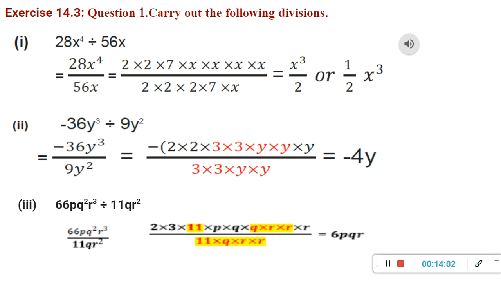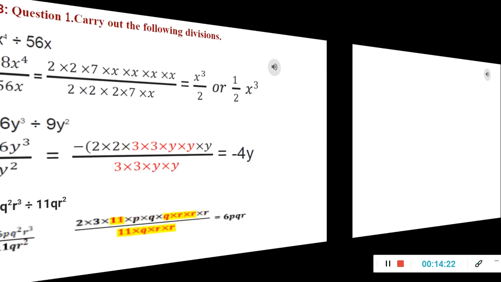Now here we can cut 11 q into r into r in the numerator by the denominator 11 q into r into r. Now what is remaining there? Here left out only 2 into 3 into p into q into r. So the answer is 6 p q r. Clear? Okay.